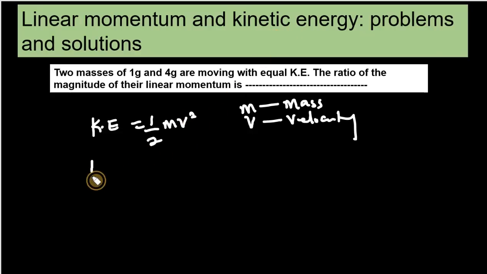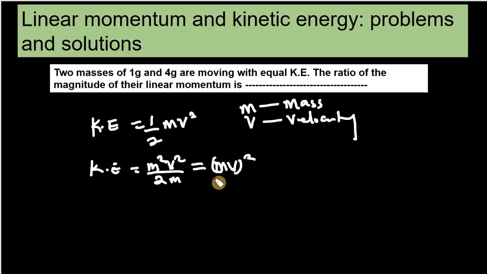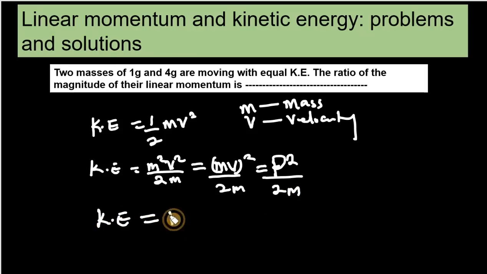From this formula, if we square the momentum, to account for that square we divide by 2m, such that once this cancels this, we're back to this. So we can rewrite it as (mv) squared upon 2m, where mv is the definition of linear momentum. So linear momentum is related to kinetic energy with this formula.